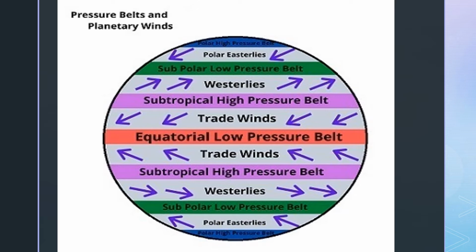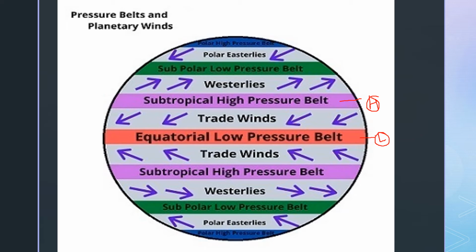First of all, as we already know, the equator is a region of low pressure, and this subtropical high pressure belt, we are aware of this. This region is of high pressure and this region is of low pressure. What will happen then?